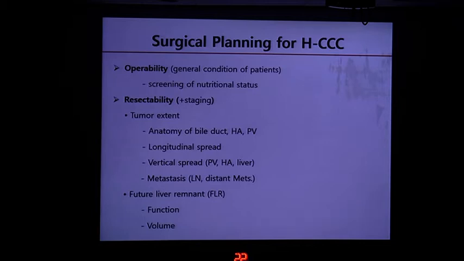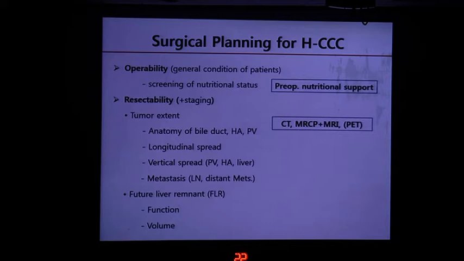First, we should assess operability. It's very important. I try to stress the screening of nutrition status. If the patient is malnourished, you should consider preoperative nutrition support for this patient. The next thing, of course very important, is resectability assessment. For this, two things you should consider: tumor extent and future liver remnant.